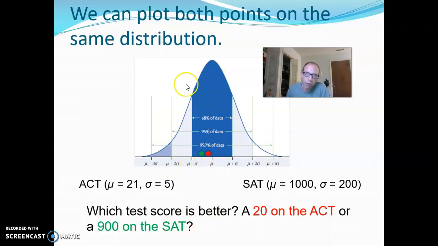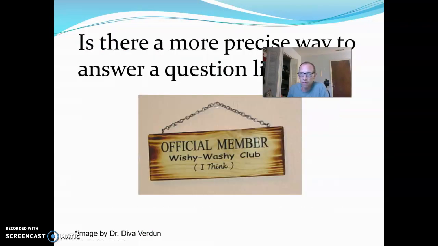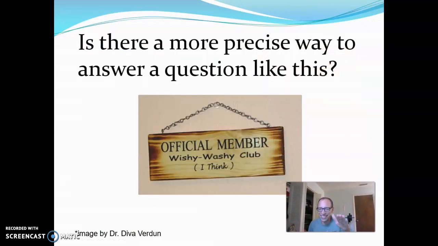So when you put it on the same distribution, you can suddenly see, okay, well, that ACT score, even though 20 is a lot lower than 900, relative to the other test takers, 20 on the ACT looks like it's a little better than the 900 on an SAT. Okay, but it feels a little bit wishy-washy. So the question is, could we answer this in a better way, a more precise way?